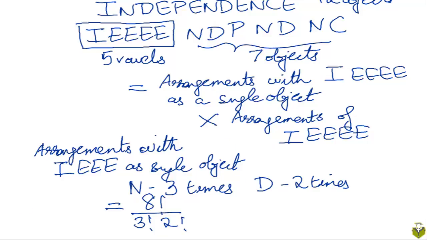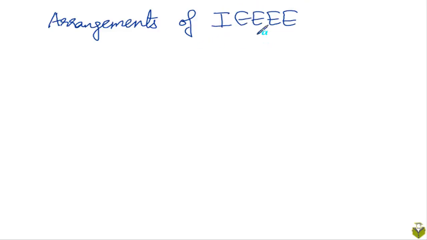And the second part is arrangements of I, E, E, E, E. In this case, how do we find it? You have 5 objects here, right? And how many objects are repeated? E is the one which is repeated, right? E is repeated 4 times.